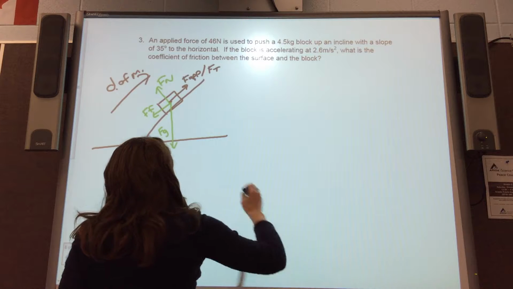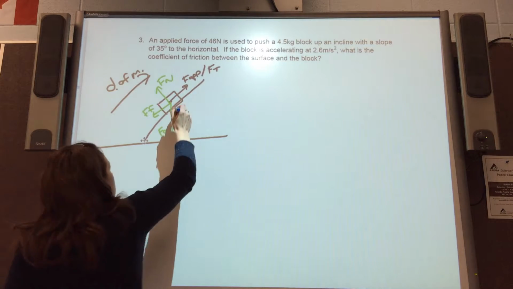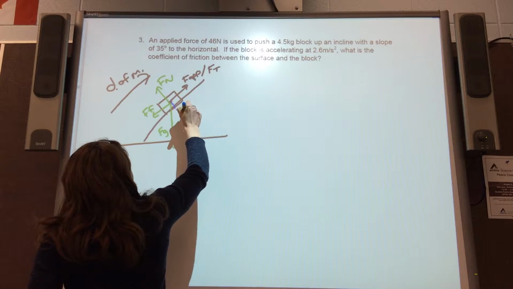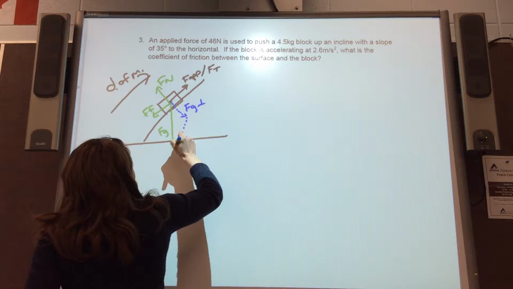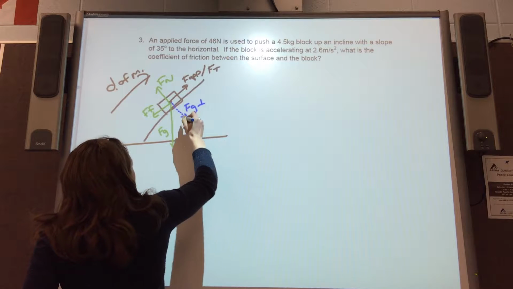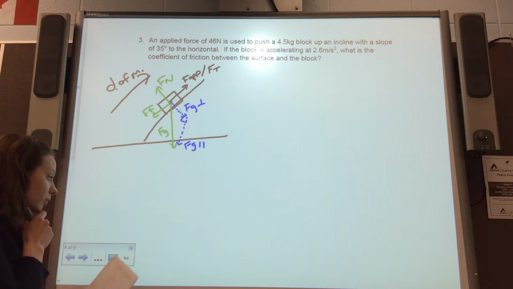So again, just like the previous ones, we're going to split up our FG into perpendicular and parallel vectors. So we have our FG perpendicular and our FG parallel. And between FG parallel and perpendicular is a right angle. I know that mine maybe doesn't look exactly like a right angle, but we assume that FG parallel and FG perpendicular are at right angles to each other.